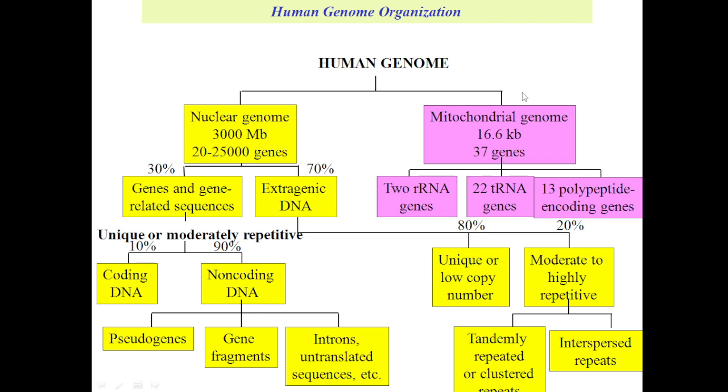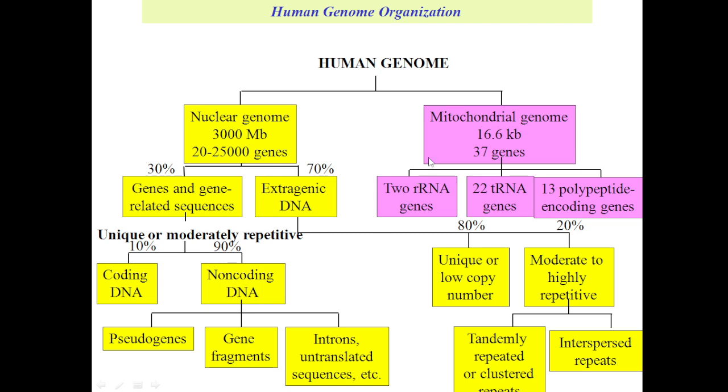Now you can see the genome organization. We have 3 billion nucleotides, 3.2, and near 10% of it is coding DNA. Other are different variants: pseudogenes, genes without active promoters, fragments of genes, introns, and other.